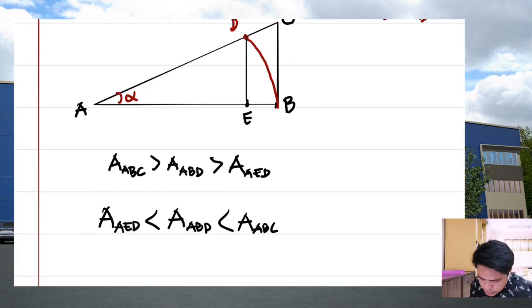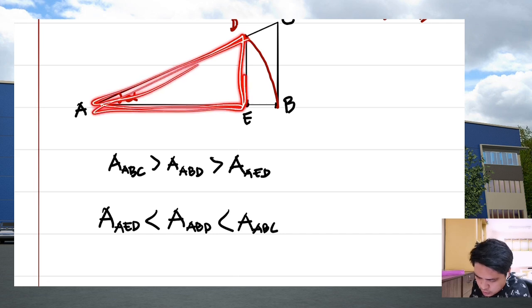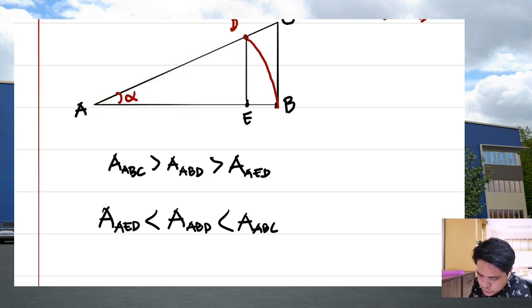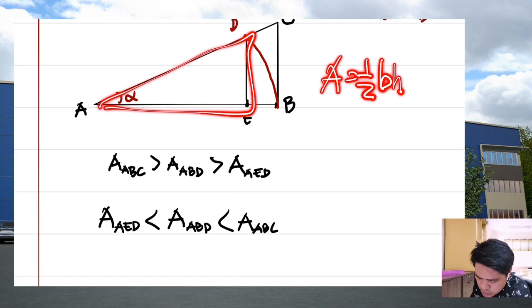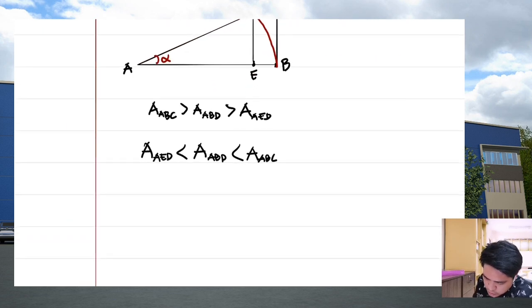Kanya na lang. So let's start with AED. Etong AED. How do we take the area of AED? So we know that area of a triangle is equal to 1/2 base times height. In this case, for this triangle, this is our base, AE, and this is our height, DE. Sige, sulat muna natin.